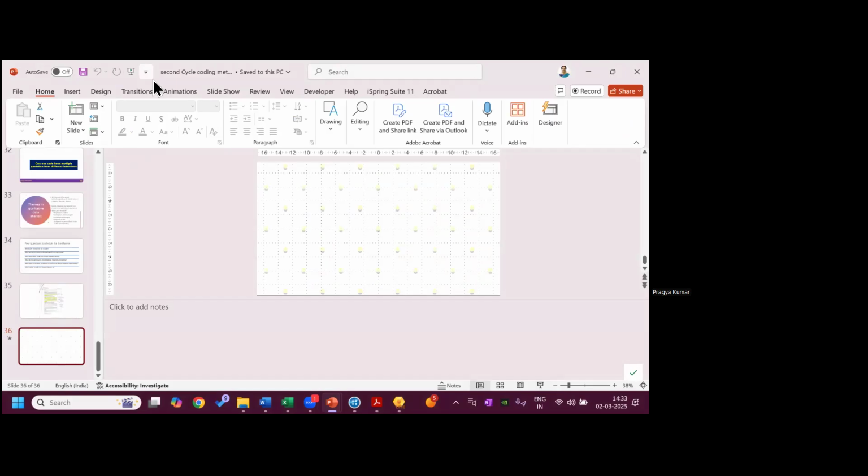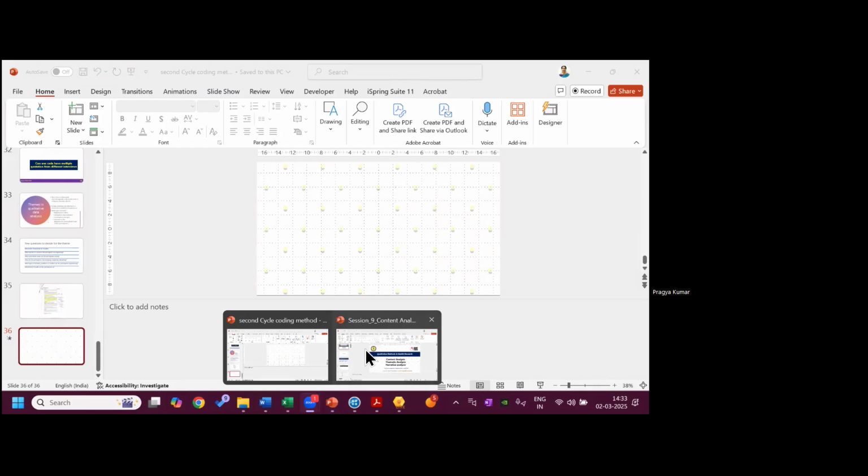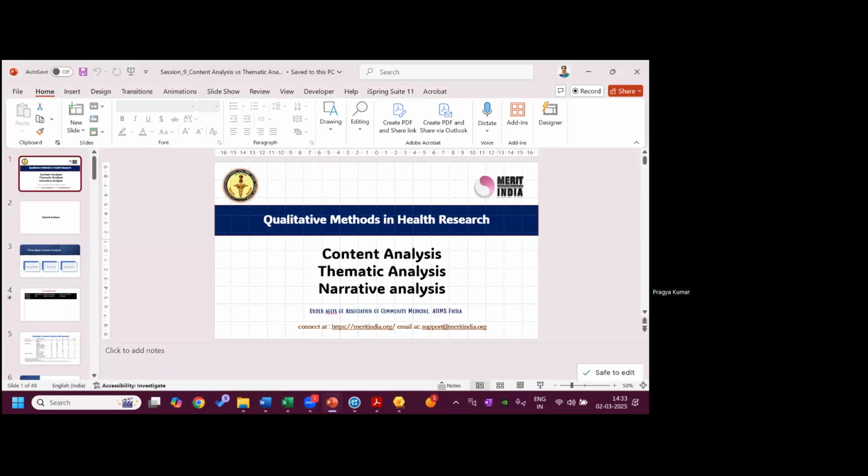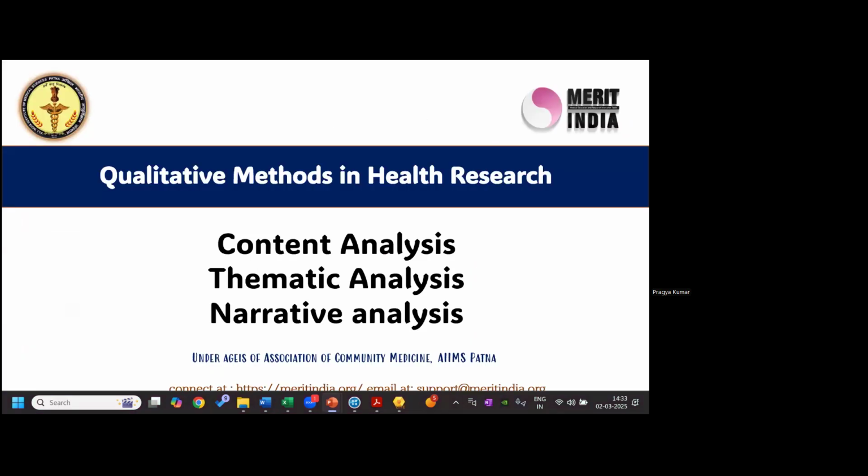So I think that's it with the second cycle coding method. Now coming to the types of analysis. Now we'll see what different analysis methods there are for this qualitative data.